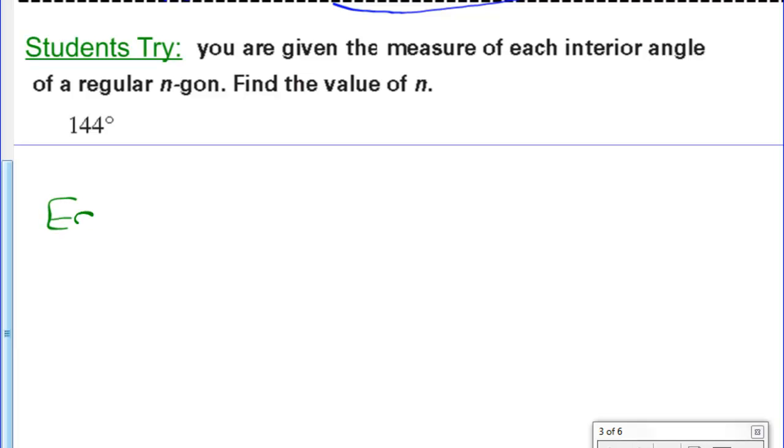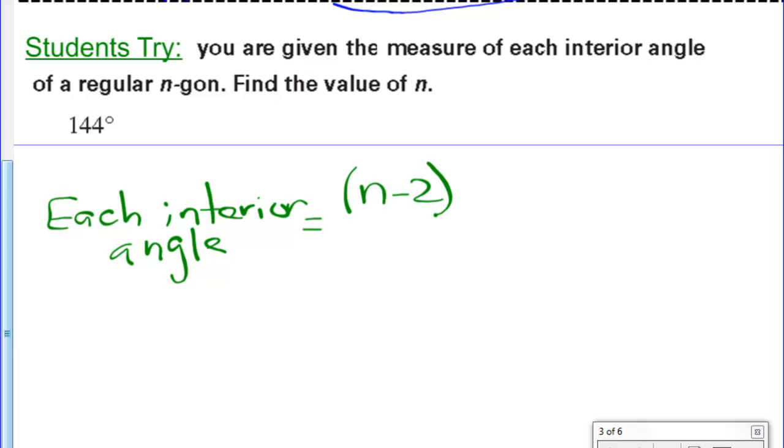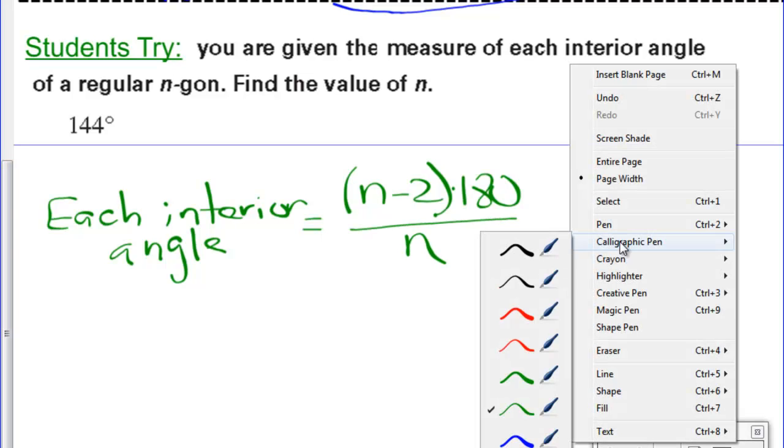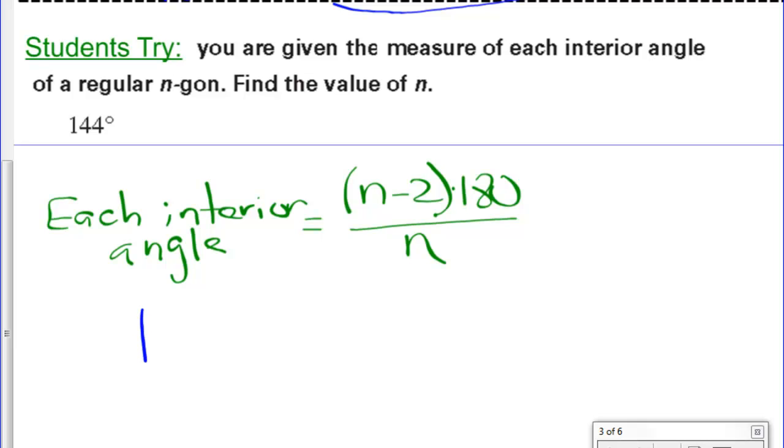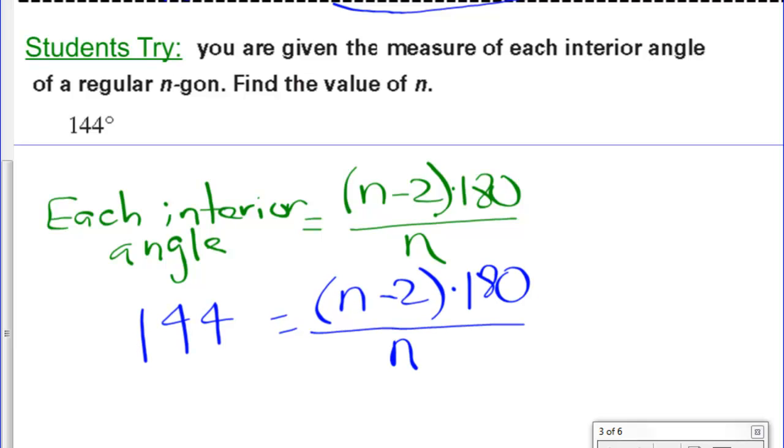So each interior angle equals the sum of all the angles, which is found by this expression, divided by n. So what's the measurement of each interior angle for this problem? It's going to be 144.